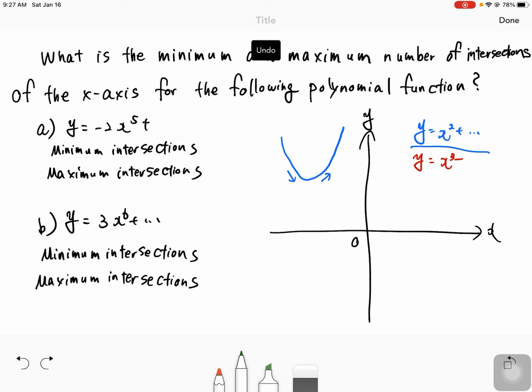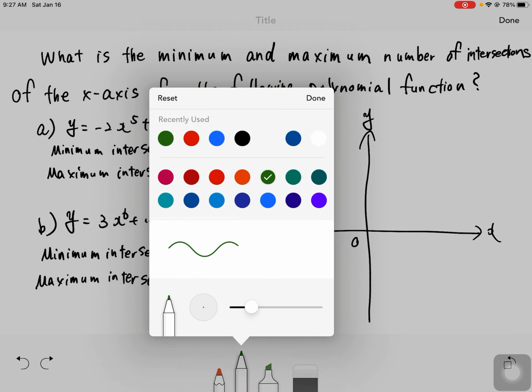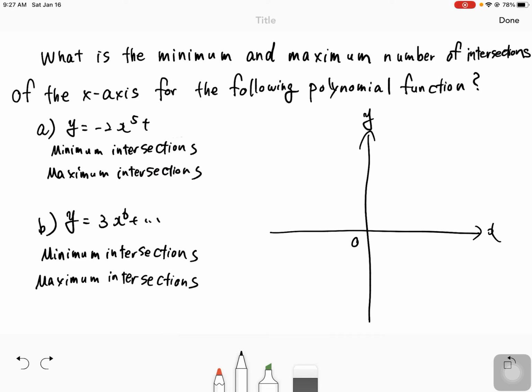Number A, you have to find the intersections of y equals negative x to the power of 5 plus something. So how many turns does this function have? The degree of this function is 5, so it has 4 turns.